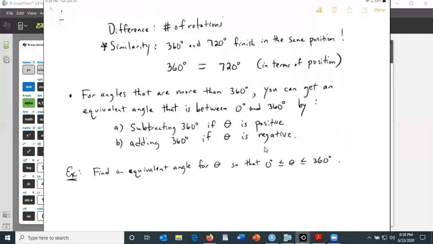All right, so the directions here tell you to find an equivalent angle for theta so that, now this expression here simply means so that theta is between 0 and 360. All right, so this is a mathematical expression for this phrase right here. Between 0 and 360 is just this inequality expression.